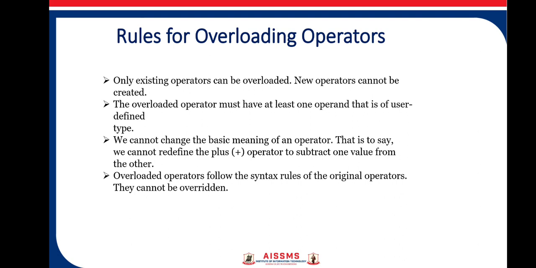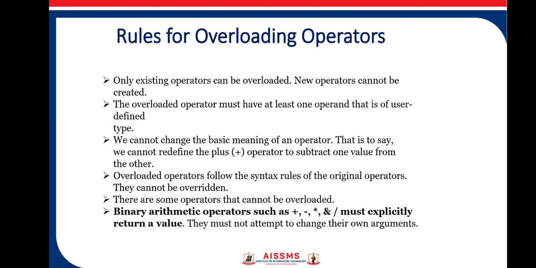They cannot be overridden. There are some operators that cannot be overloaded. So we have a list of some operators which cannot be overloaded in C++. That means you cannot change the meaning of those operators. You cannot give alternate meaning to those operators by overloading. What is the list of those operators? That we'll see in the next slide.